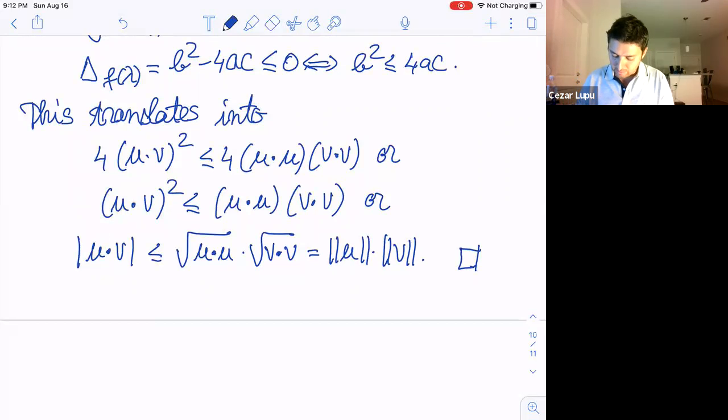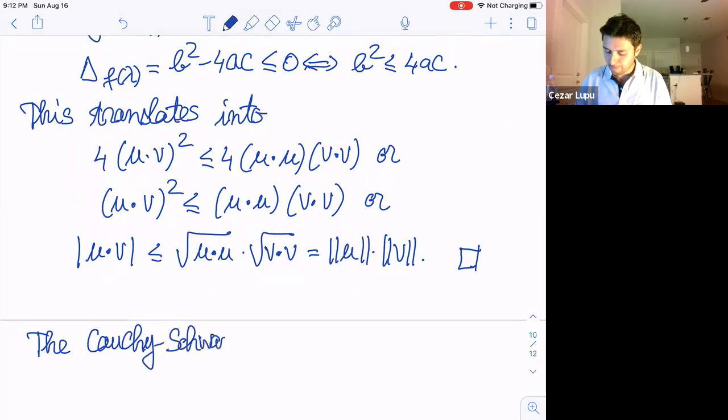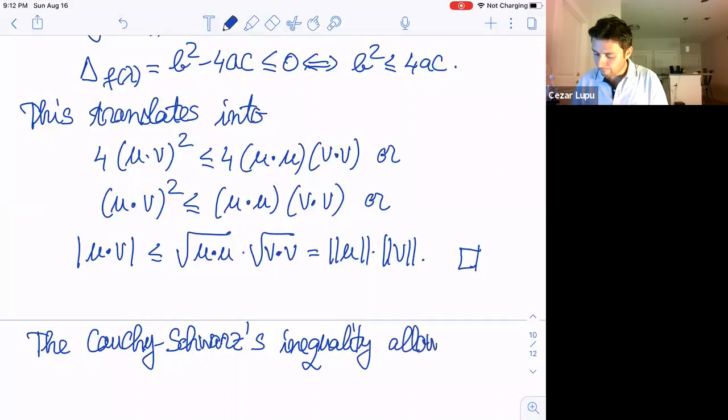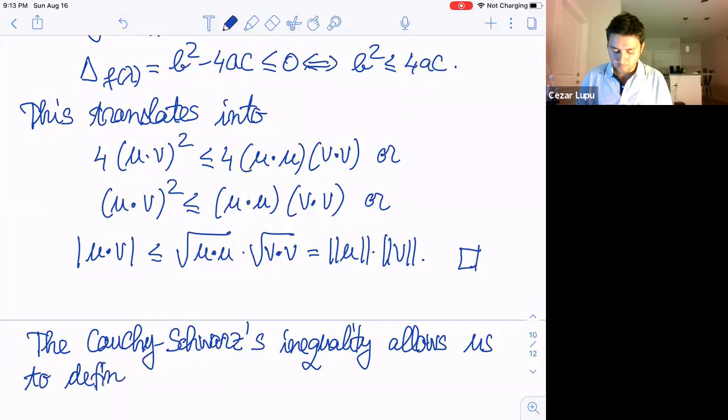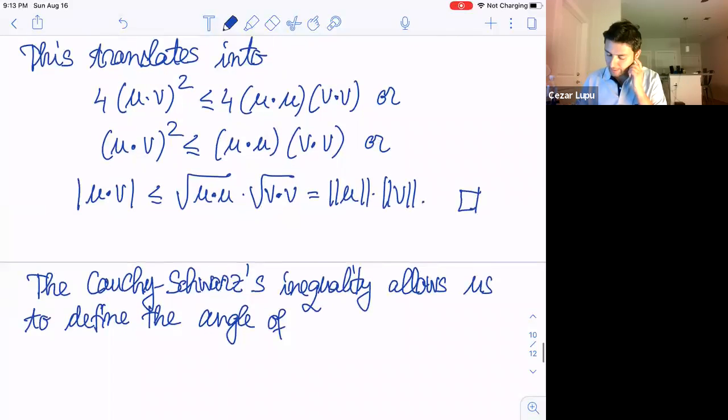The Cauchy-Schwarz inequality allows us to define the angle between two non-zero vectors in Rn.